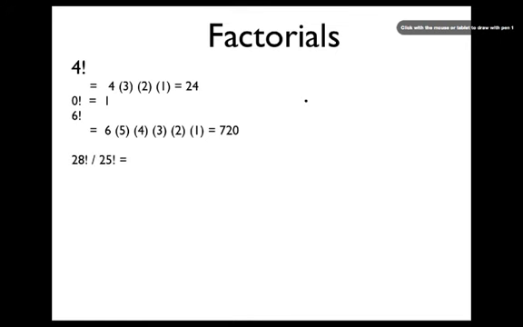So use what we just talked about to figure out what this is. What is 28 factorial divided by 25 factorial? Can you figure that out without doing a whole lot of writing, without writing 53 values down? Use the fact that we just talked about.